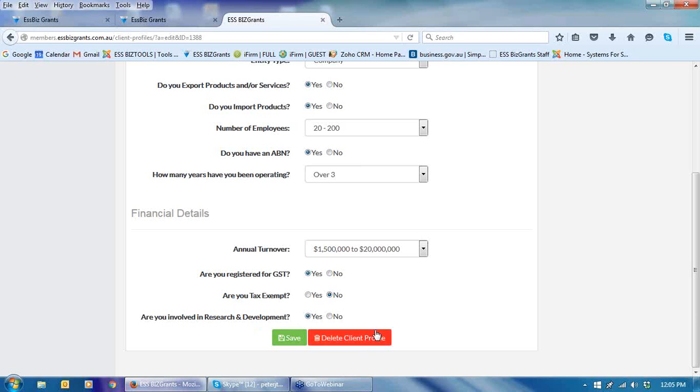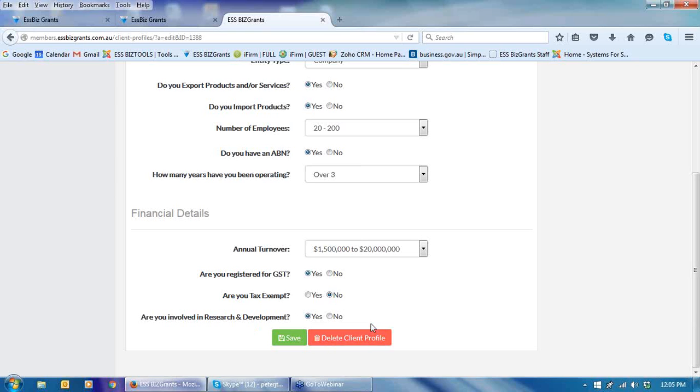And is the business involved in research and development? Now, we haven't asked whether you're going to be eligible for the tax deduction for R&D, and obviously this business here potentially could have been because they are a company.